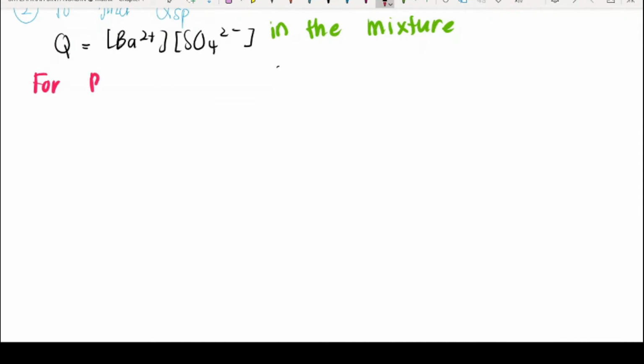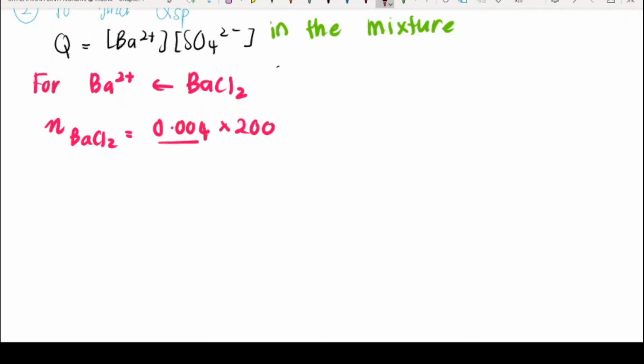So how are we going to find it? Ba2+ comes from BaCl2, right? So first, find the mole of BaCl2, which is 0.004 times 200 divided by 1000, using the MV over 1000 formula, so you've got 8 times 10 to the power of minus 4 mole.